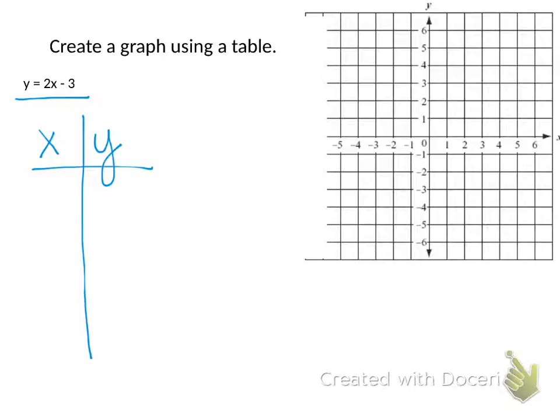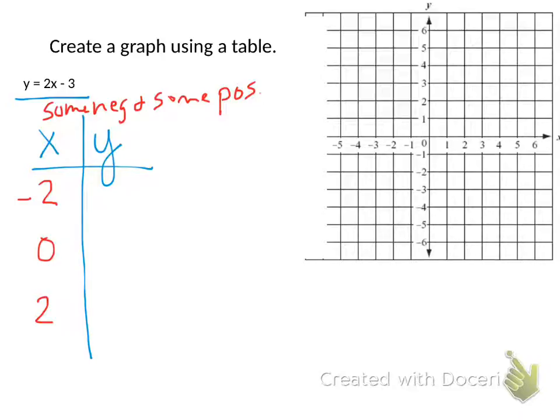You must use some negative and some positive. Can't get away with that. So typically I recommend students choose -2, 0, and 2. You could choose -1, 0, 1, but this way we choose some values that are a little more spread out and we can see more of the graph.